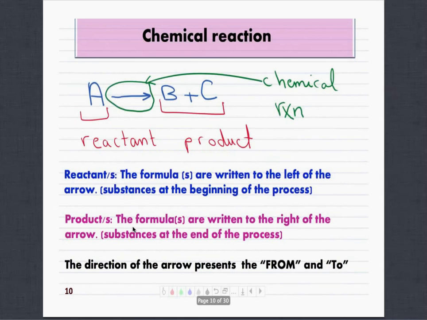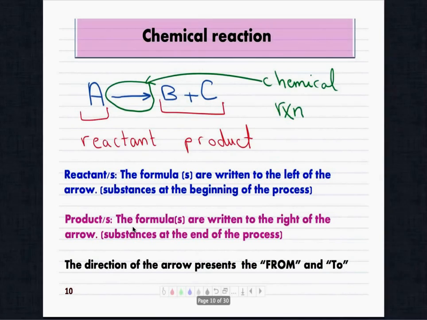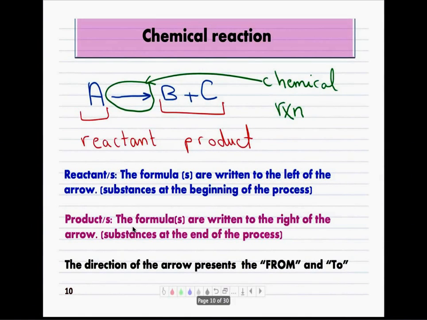Now, usually we represent a chemical reaction, instead of saying, oh, I get this sugar and I put it in fermentation and I get alcohol, by molecular formulas or atomic formulas.